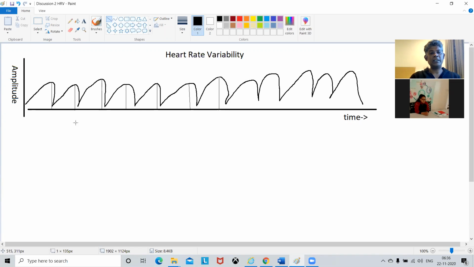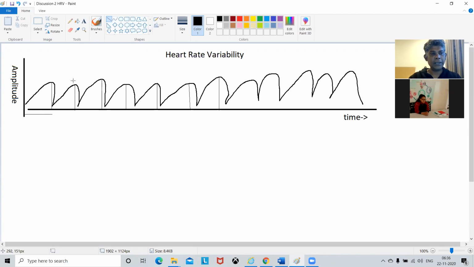These are known as the peaks. At the maxima where the peak appears in the pulse, we calculate the time duration from the start to this peak.